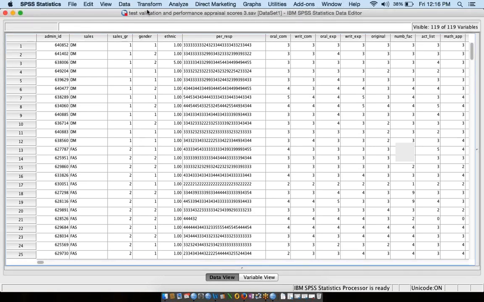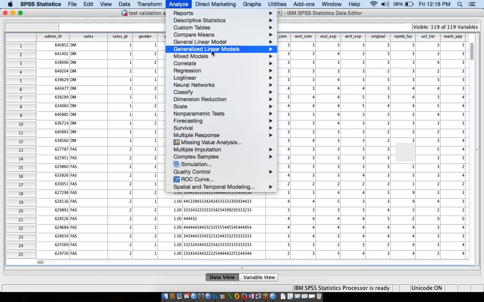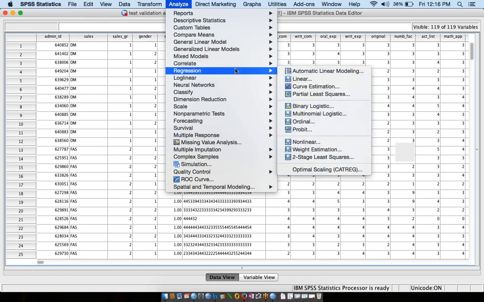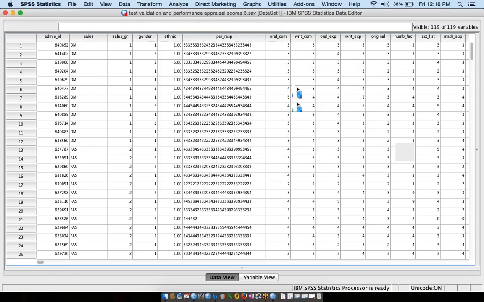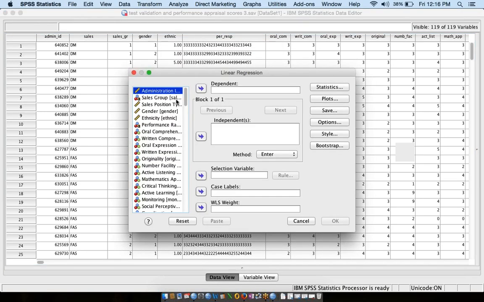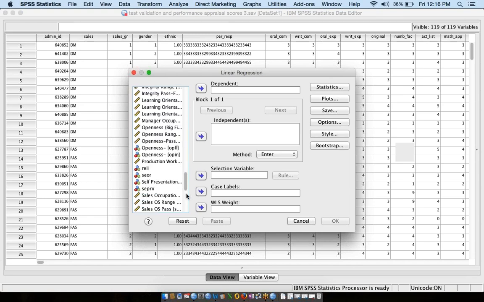Okay. So here's my test validation file, and I'm going to go to Analyze, Regression, Linear. Now my dependent is overall performance, which I believe is right here at the end.